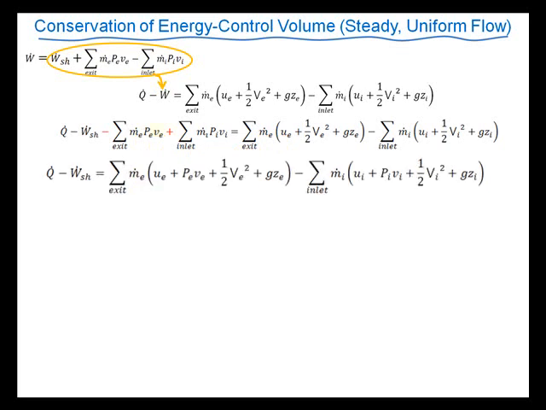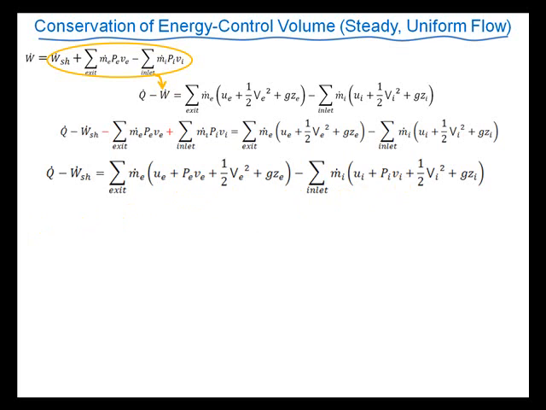Now you notice on the left-hand side, the power term that remains, the rate of work that remains, is only shaft work. The flow work is incorporated in the summation on the right-hand side. That's going to be important. I put it in the order that I did so you can hopefully see something. I have my specific internal energy plus the pressure times the specific volume.